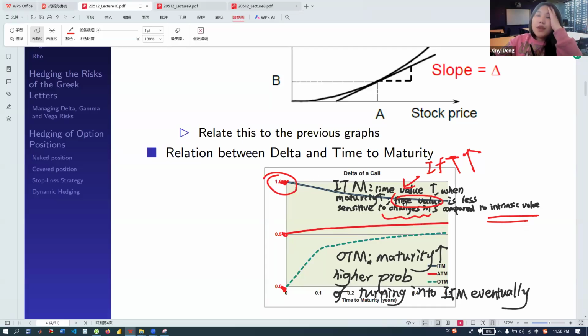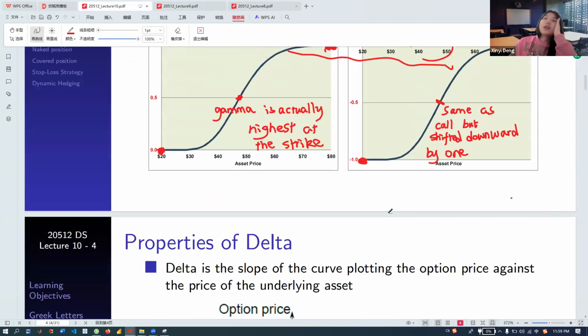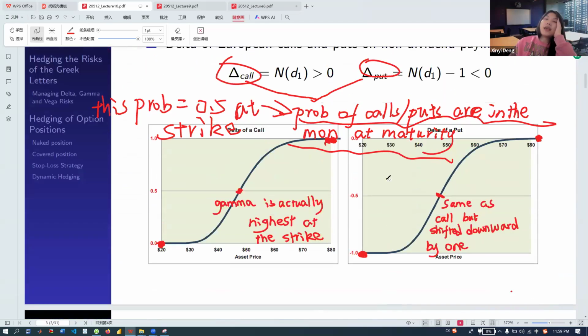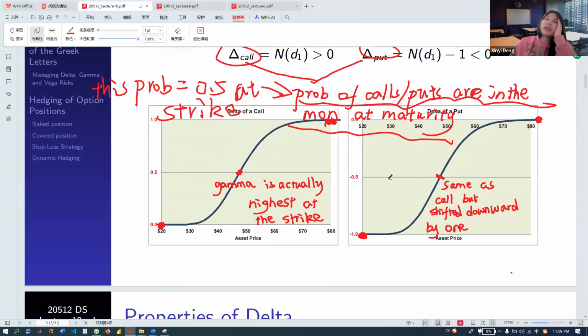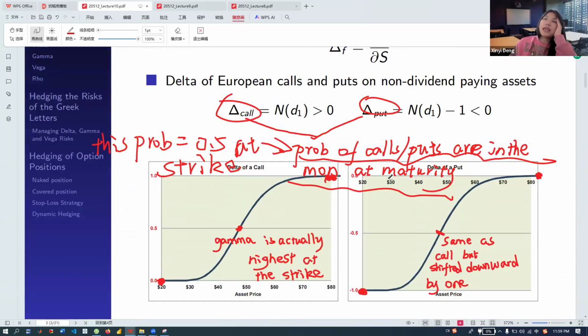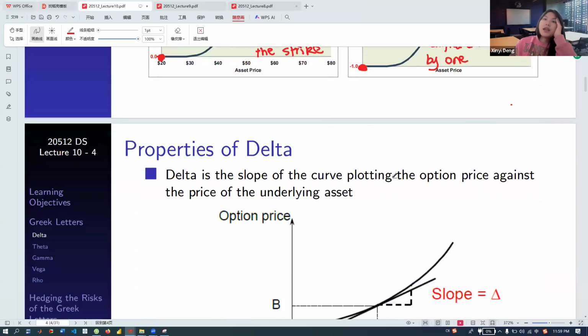Then for at the money options, we can see that it's always very close to 0.5, right? So recall that delta is measuring the probability of the call remaining in the money at maturity.